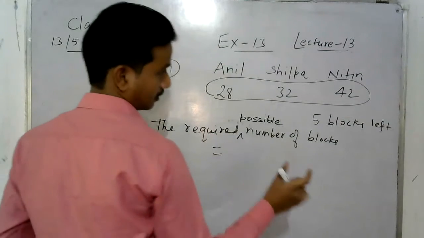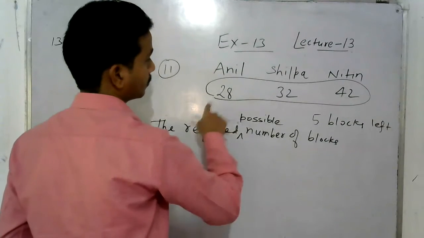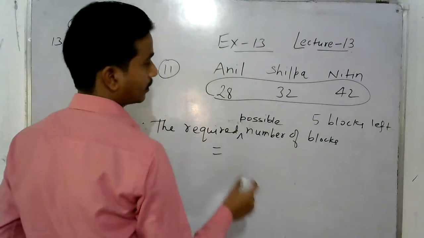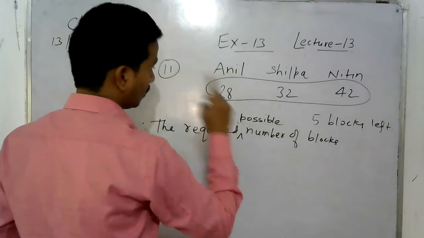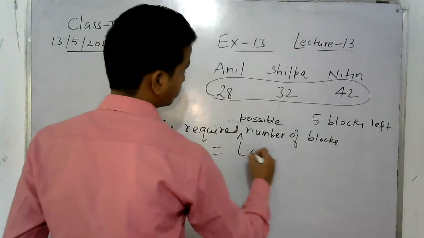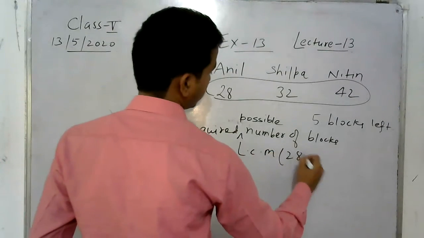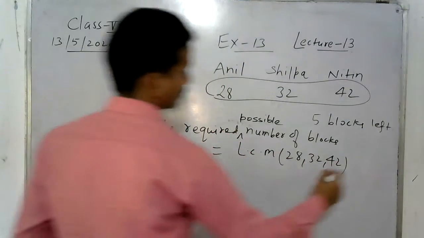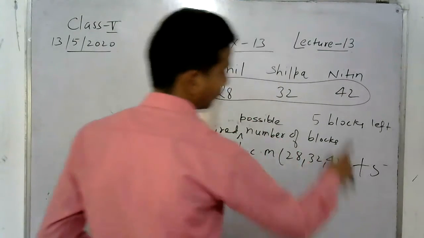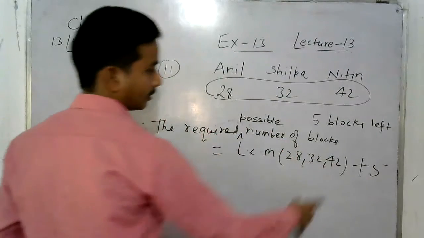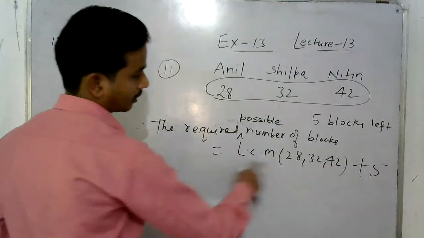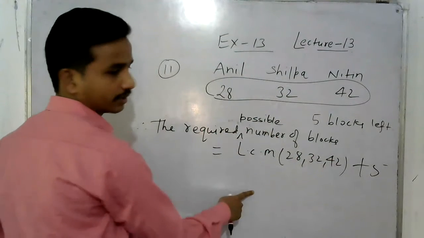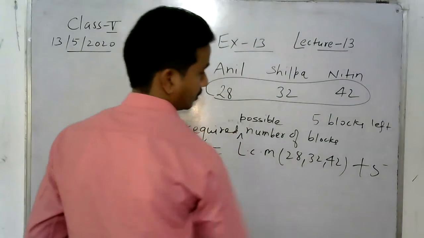Since the question asks for the smallest, we have to find the LCM. After finding the LCM of 28, 32 and 42, you have to add 5, because 5 blocks are left. Whatever LCM you get, add 5 to it, and you will get the answer.